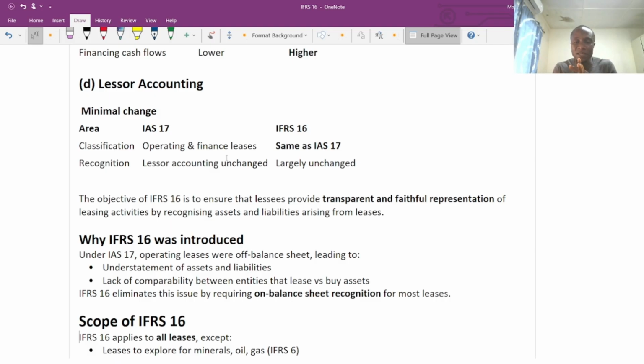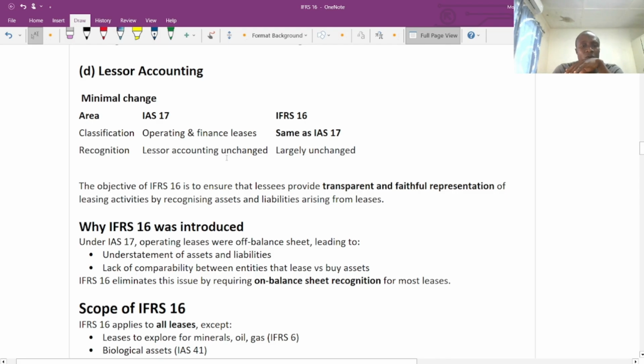It is unacceptable in all practice. This is why we have the conceptual framework. The financial information should be a faithful representation. It should include all information, whether it's relevant or not. So basically, this is the key concept about IFRS 16.